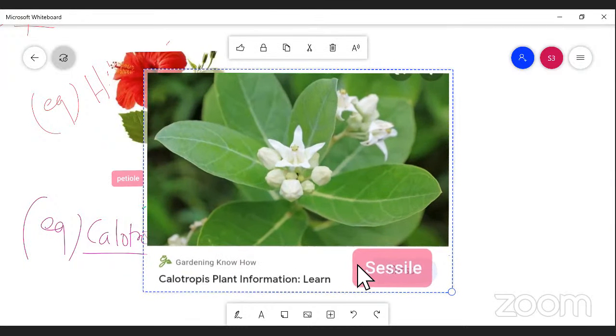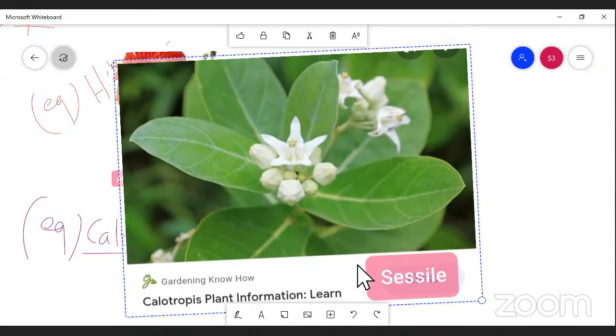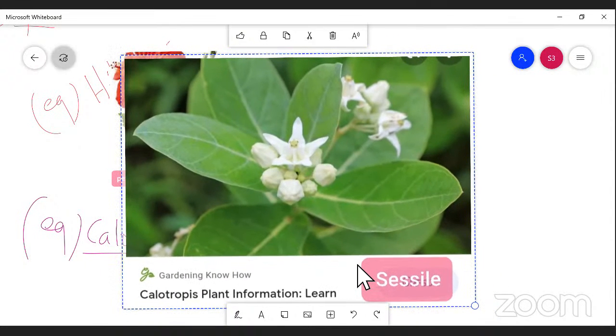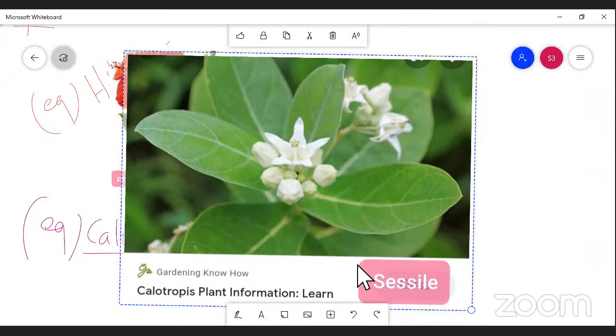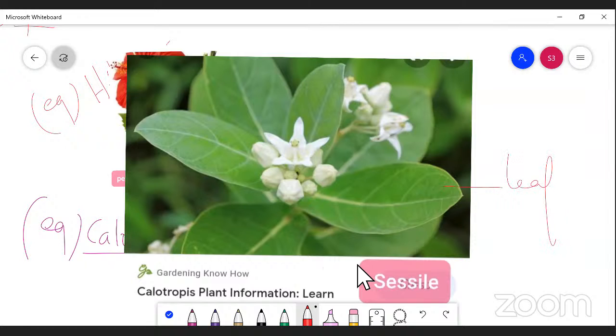My dear students, now are you able to find out? Calotropis gigantea. Here is a plant where you find the leaf does not have a petiole, right? Now, when we take a leaf, it does not arise from a stalk; here you can see the absence of petiole.